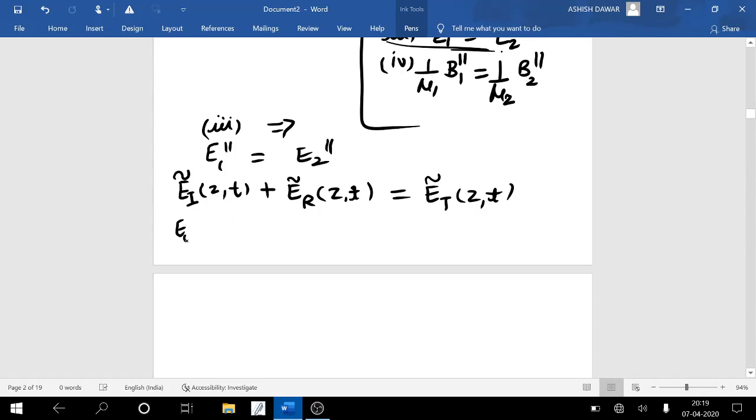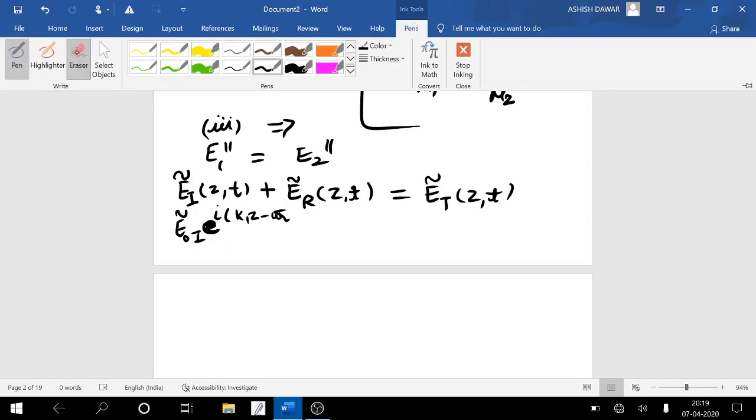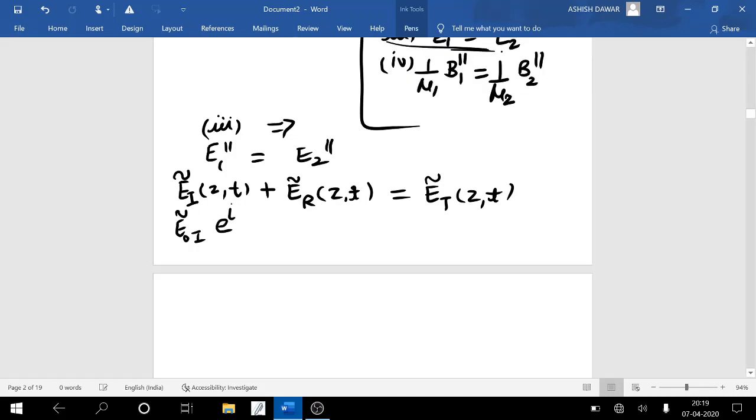So putting in the values, E0I exponential iota (k1 z minus omega t) plus E0R exponential iota (minus k1 z minus omega t) equals E0T exponential iota (k2 z minus omega t).